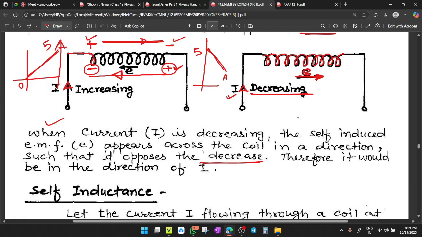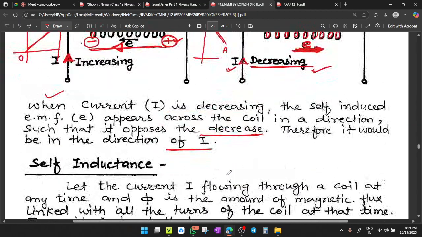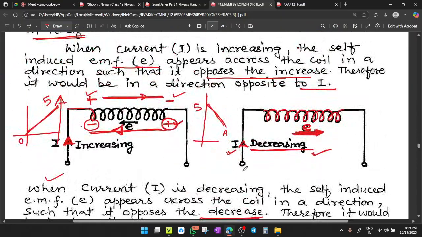The direction of EMF opposes the decrease, means it will support your current. Therefore it would be in the direction of I. If your current is increasing, then the polarity will be in the opposite direction and EMF will be against. When your current is decreasing, your EMF is in support. Right? Clear?